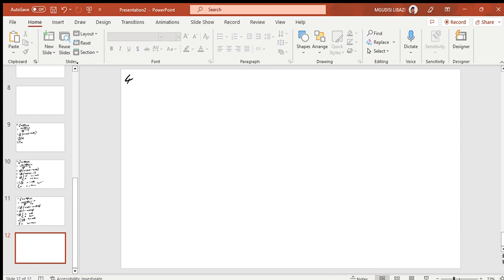So the next problem, number 4: we have the integral from 0 to pi over 2 of cosine of nx, dx, plus the integral from pi over 2 to pi of 2 cosine of nx, dx.